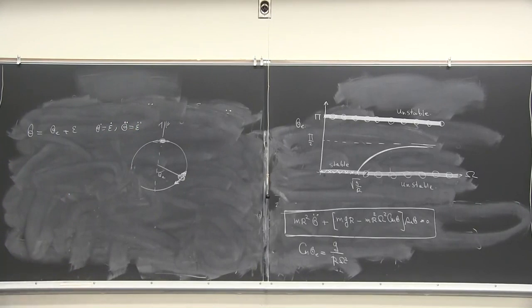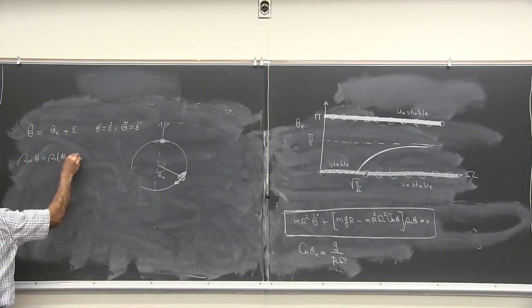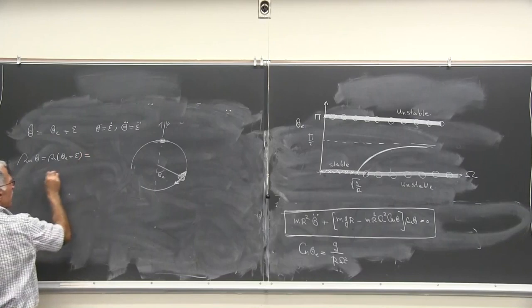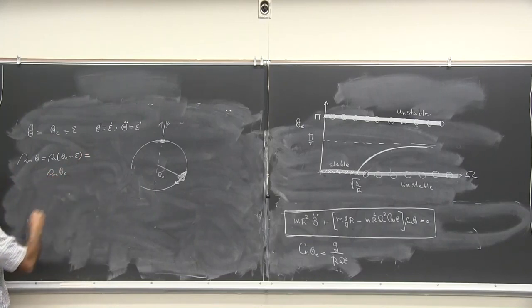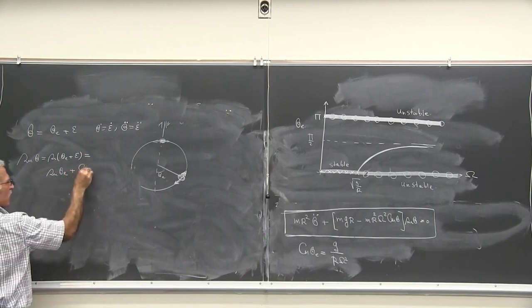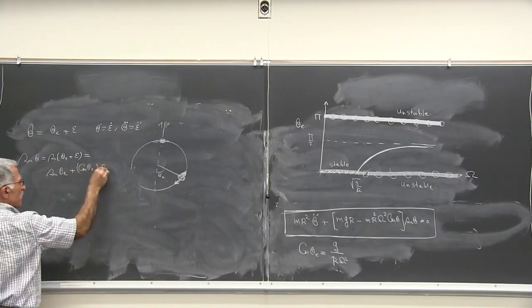My sine theta is going to be sine of theta equilibrium plus epsilon, and that becomes sine theta equilibrium cosine epsilon, which becomes 1, plus cosine theta equilibrium times epsilon.